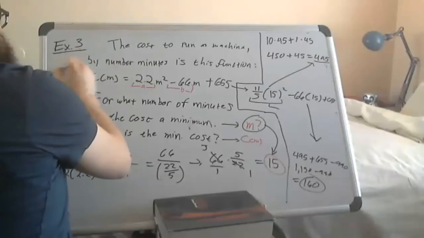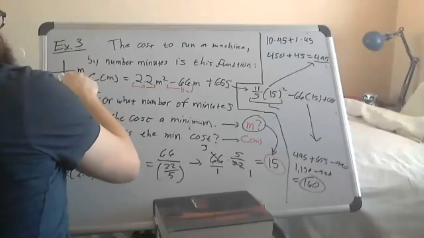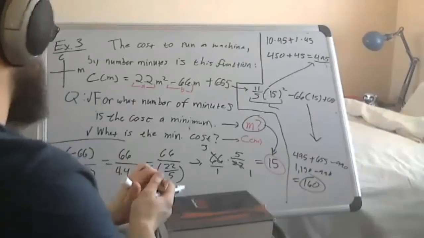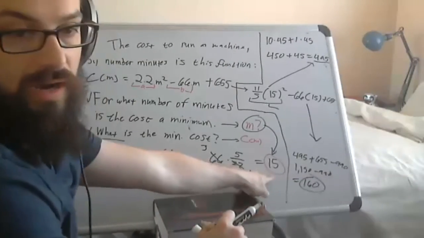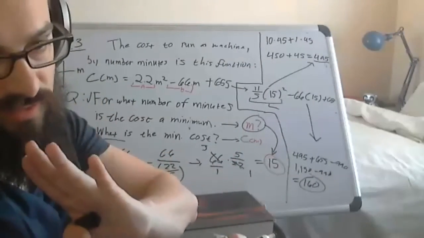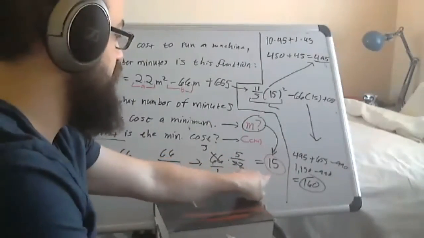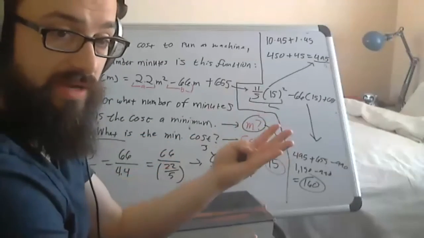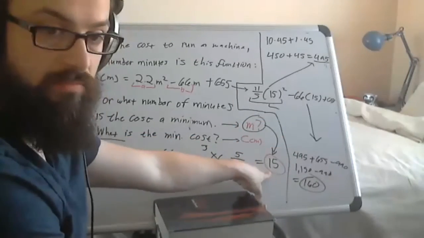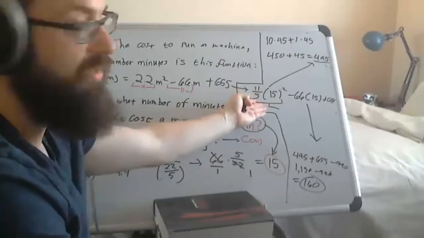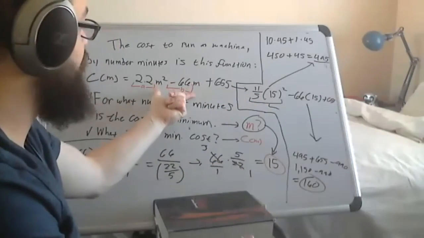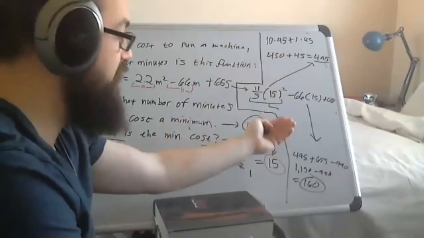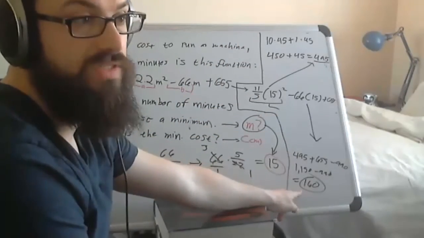Since this was cost versus m, we have m minutes, m being our input, or our x, versus our cost. So this is our m value slash x value, if you want to look at it that way. Thus, we found that to get the minimum cost, the time we have to run this thing is 15 minutes. And then we just did this bunch of gobbledygook to plug 15 in after we did all that algebra. We ended up with 160.